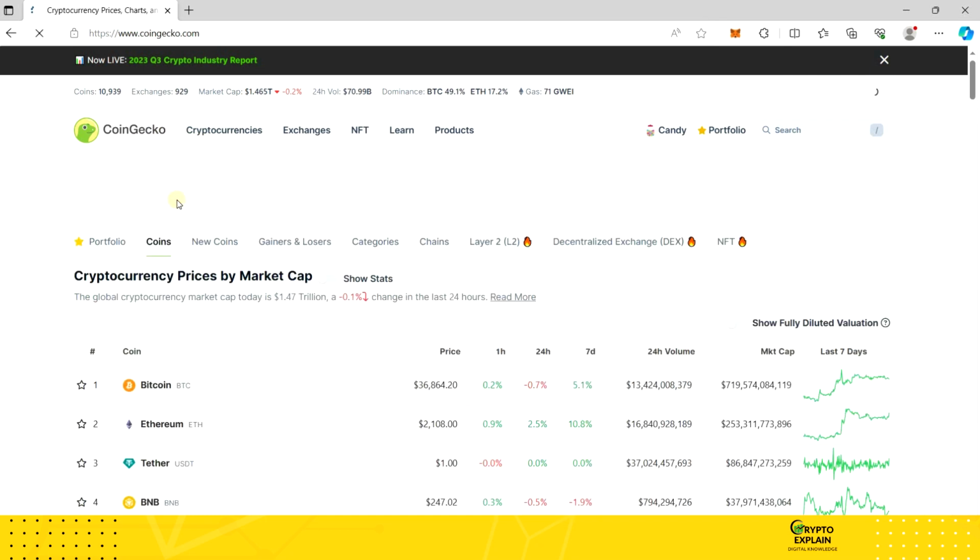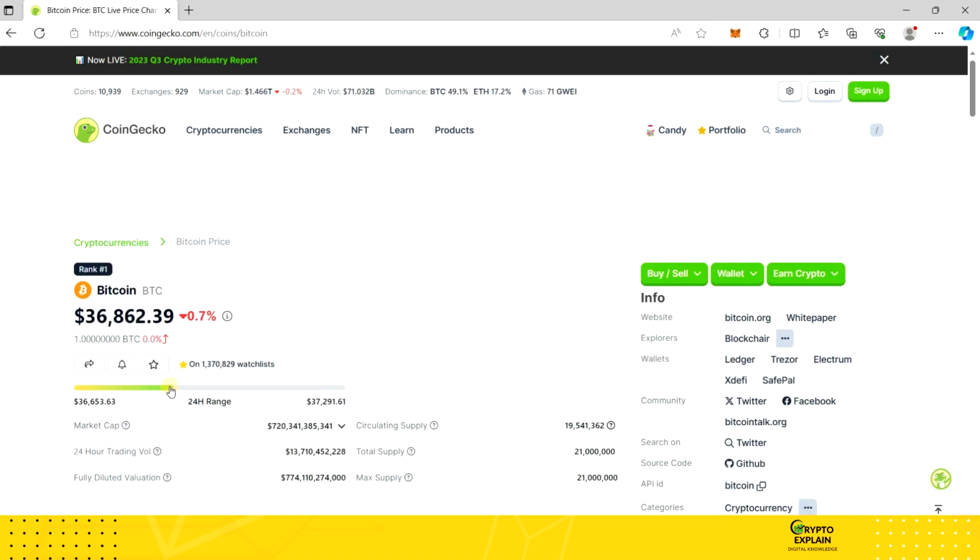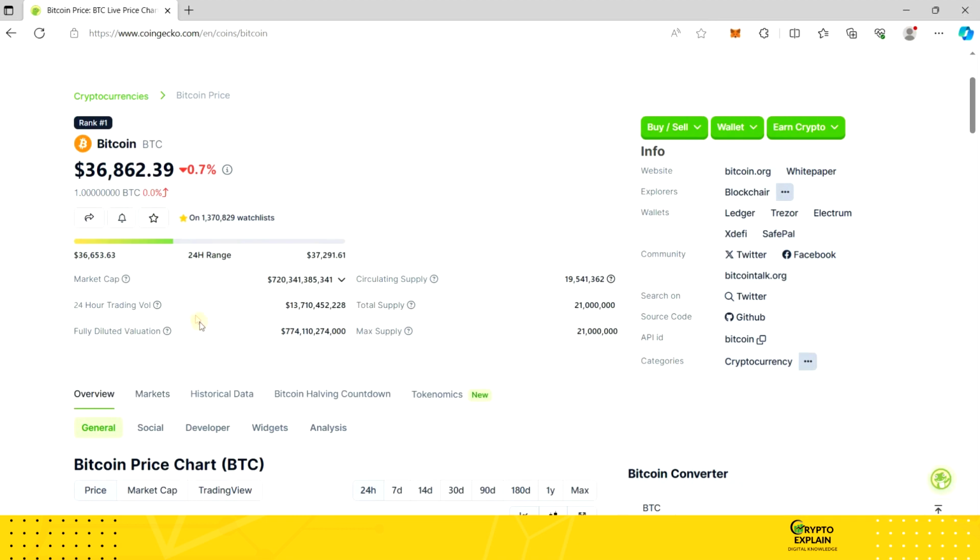Now, let's delve into the specifics, the concrete figures, as they can tell us a lot about a particular cryptocurrency. We choose a project from the list for analysis. I'll select Bitcoin. Firstly, we can check the ranking by market cap. What is market cap? It's the quantity of coins currently in circulation multiplied by the current price of the cryptocurrency.